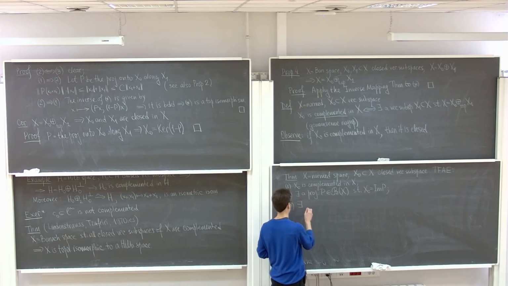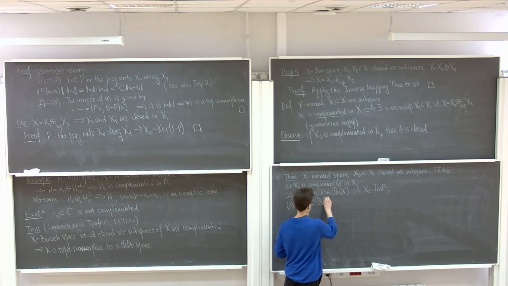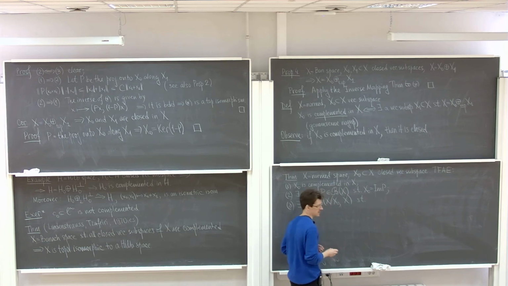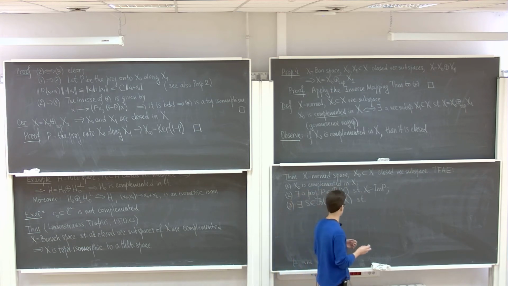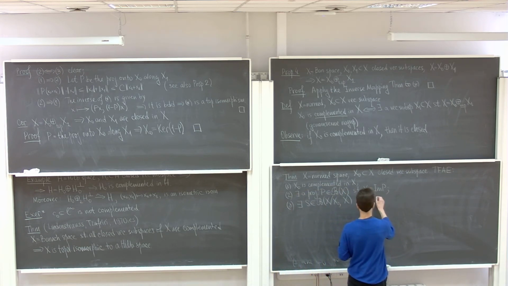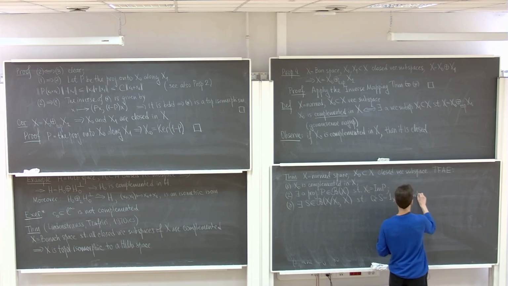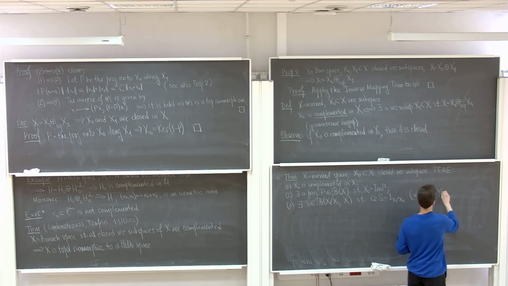There exists a bounded linear operator S from the quotient of X modulo X0 to X, such that S is a section of the quotient map, such that Q composed with S is the identity map of the quotient, where Q denotes the quotient map of X onto the quotient.